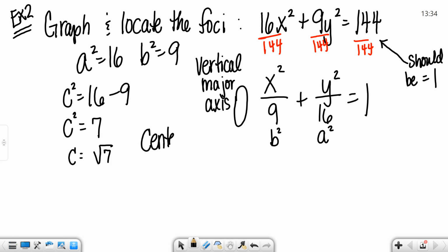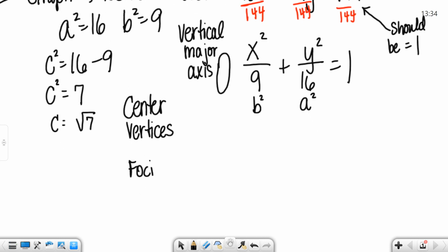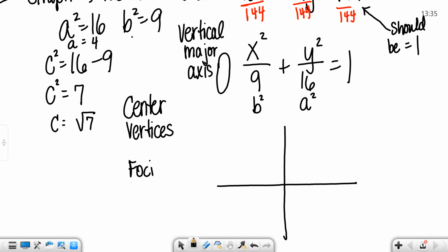So now I need to know, where is the center, where are the vertices, and where are the foci. Alright, so I'm going to sketch it as we go, just so that I can keep it straight. If a squared is 16, then that means a is 4.